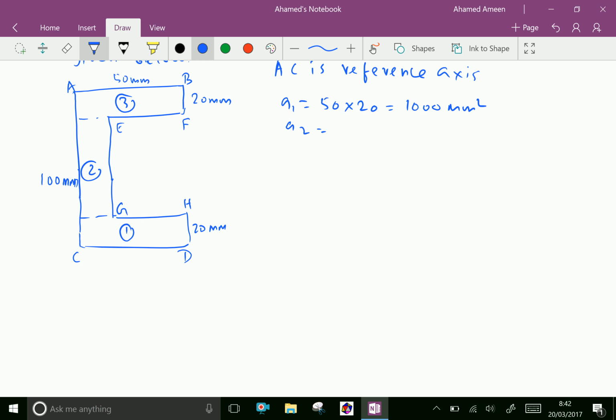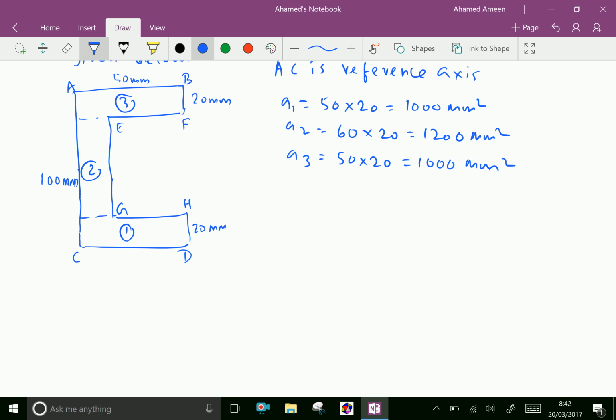A2 equals 60, because 100 minus 20 minus 20 is 60. 60 is the length and width is 20, equals 1200 mm square. A3 equals 50 into 20 equals 1000 mm square.